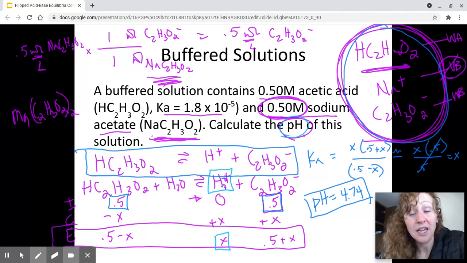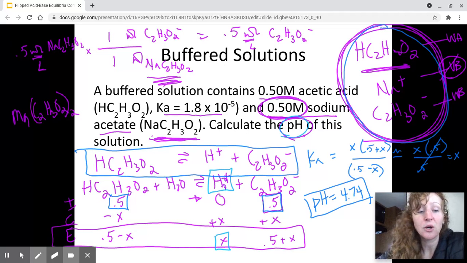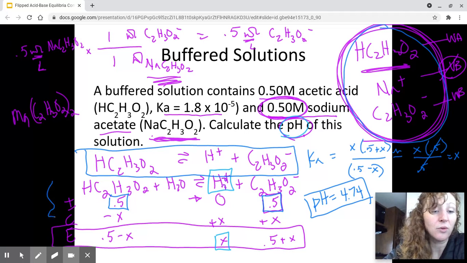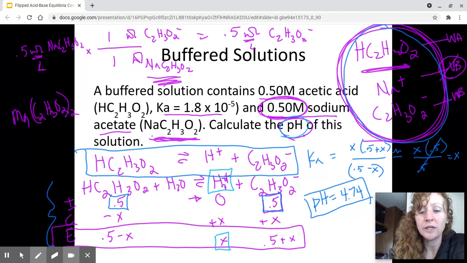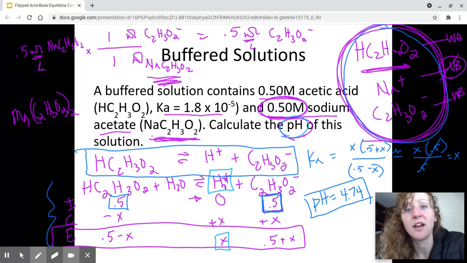But I care about the H plus ion. So you have seen what an ICE chart looks like. It looks identical to what a common ion effect ICE chart would look like, which looks identical to all the ICE charts from chapter 14, with the exception that I have an initial quantity of my conjugate base present initially, right?